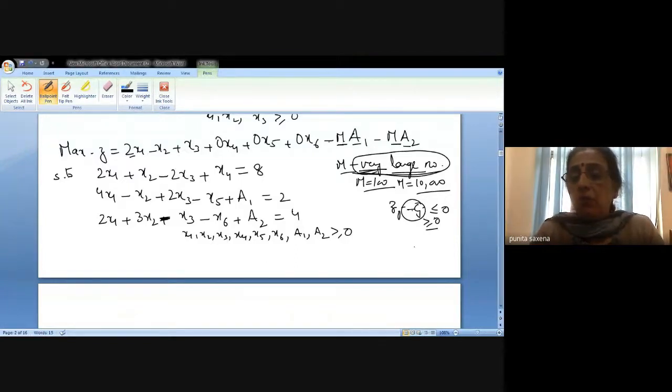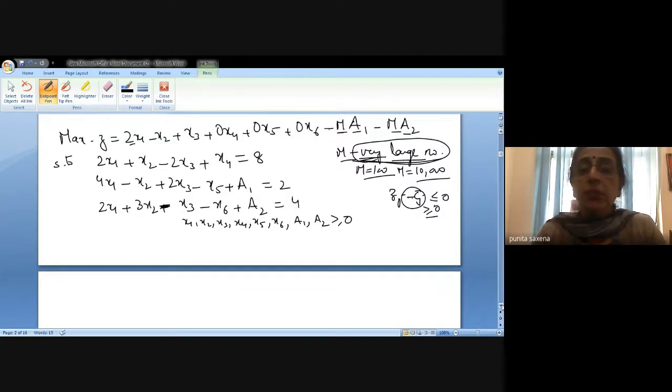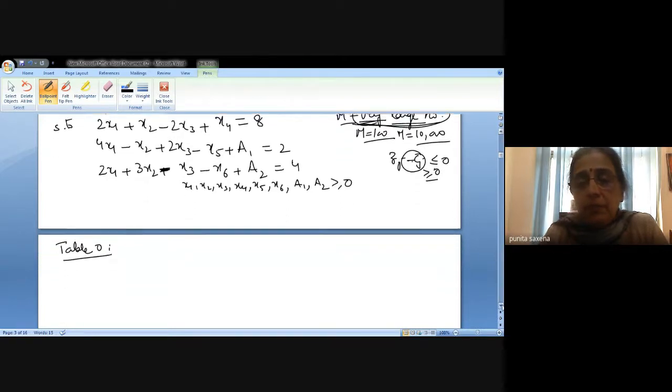Now, once we have formulated the problem in the standard form, comes Table 0. As I said, your simplex method will not change. This is your initial table now. You will have to do these calculations simultaneously with me.